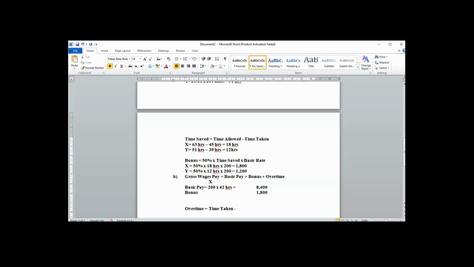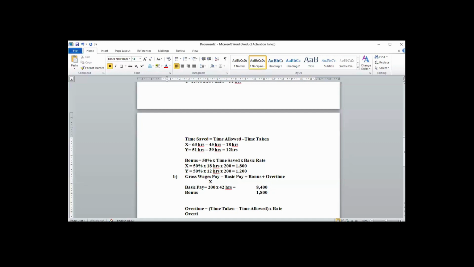Time taken minus time allowed, times rate. How do you calculate the overtime rate?